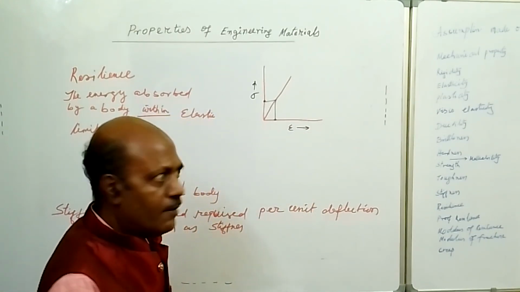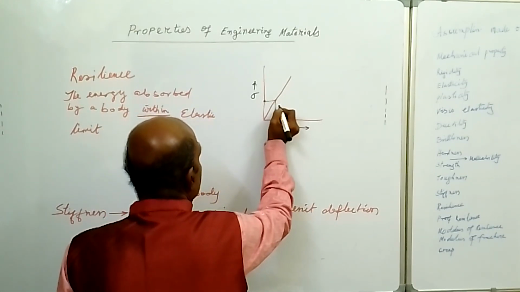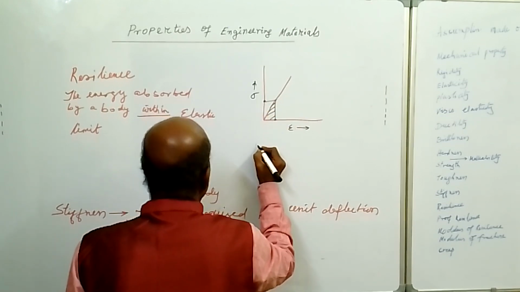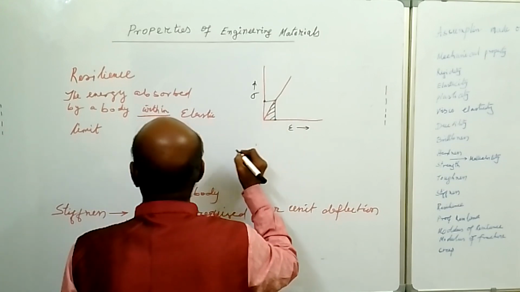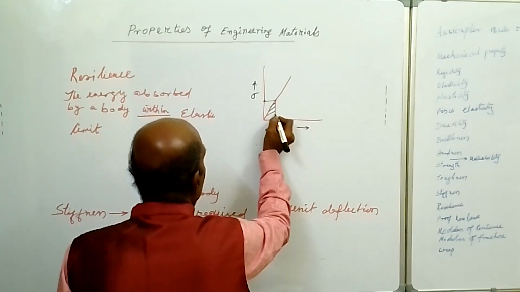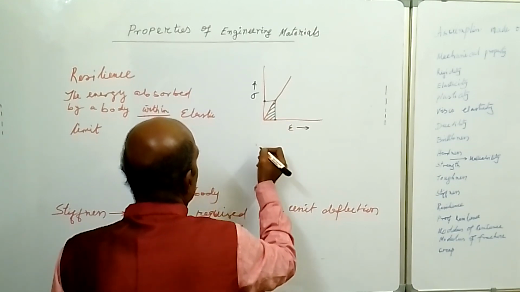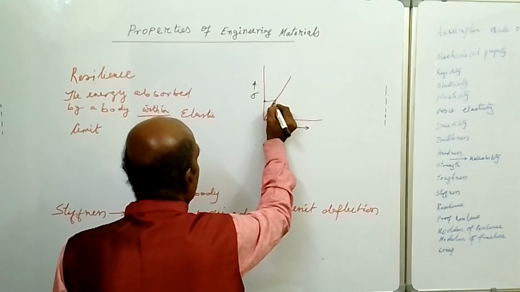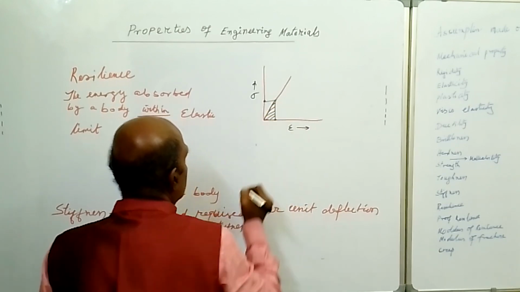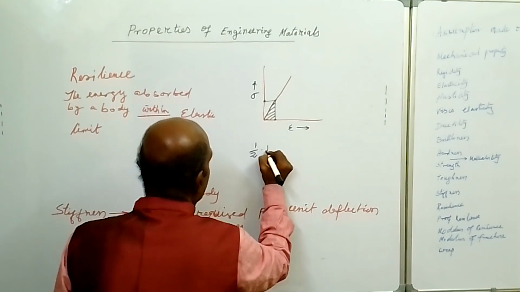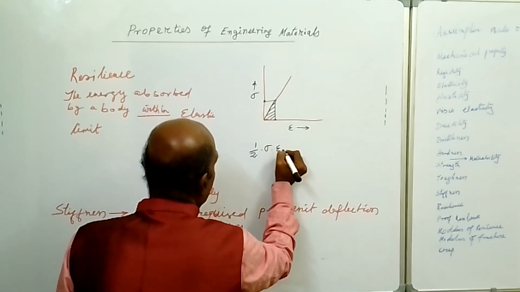The energy absorbed by the body up to this point is given by this area, within elastic limit. Under the stress strain curve, this is the energy absorbed by the body per unit volume, given by half into stress into strain.